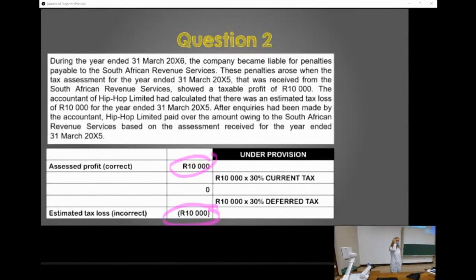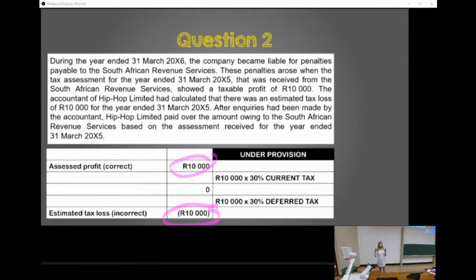Okay, so what I want you to see here, what happened was, the accountant said in the prior year we have an assessed unused tax loss. So the accountant went and recognized this tax loss in the deferred tax count.